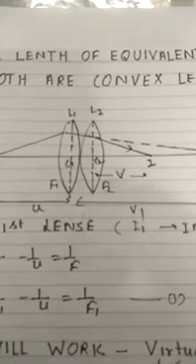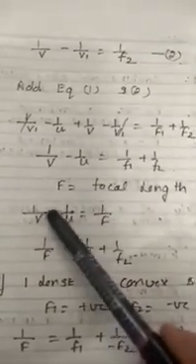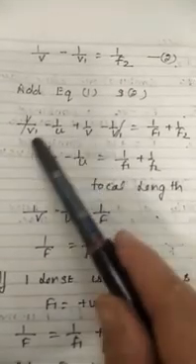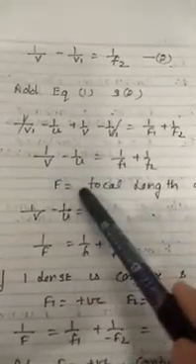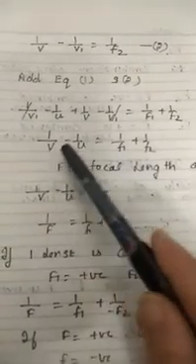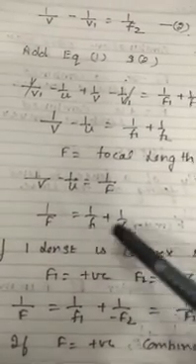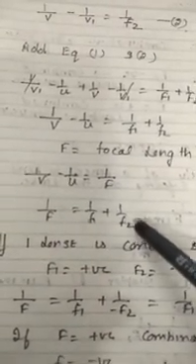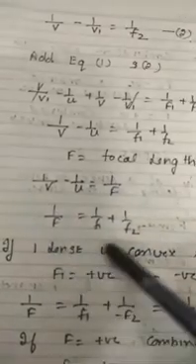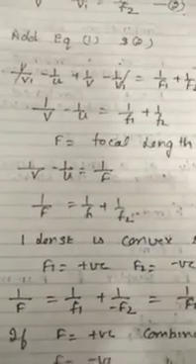So we can write 1 upon V minus 1 upon U equal to 1 upon F. This is the complete formula for the combination. So in place of 1 upon V minus 1 upon U, we can write 1 upon F. 1 upon F is equal to 1 upon F1 plus 1 upon F2. This is the formula for the focal length of the combined lens.